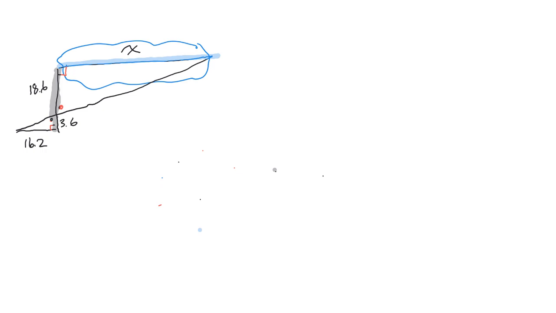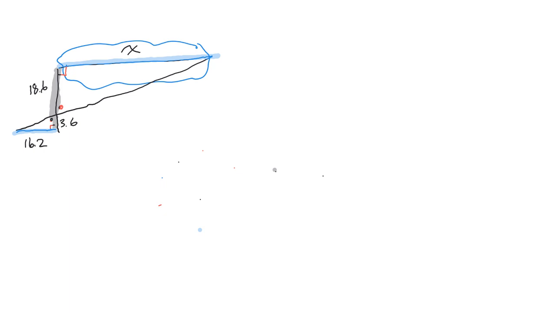Can anybody see this? Notice how I'm highlighting that hypotenuse. Is that the right side we're looking at? No. It's got to be the 16.2. It's got to be this. Yeah, it has to be the 16.2. That's right.